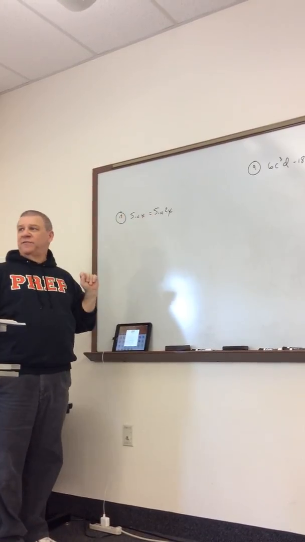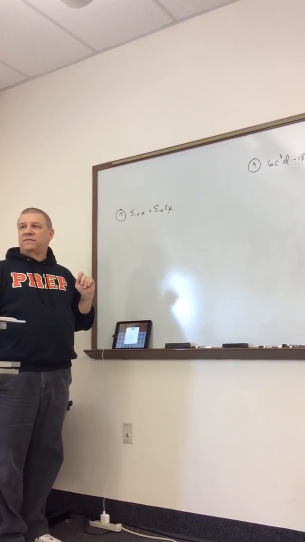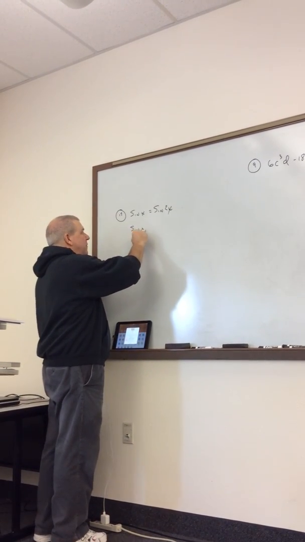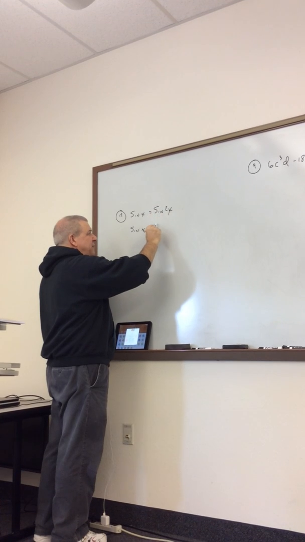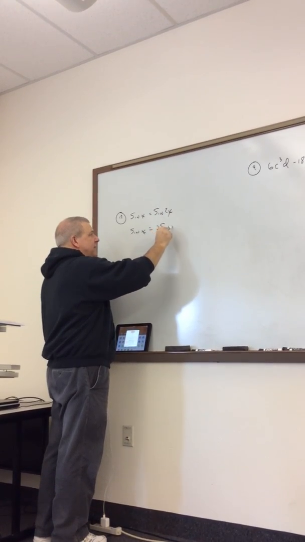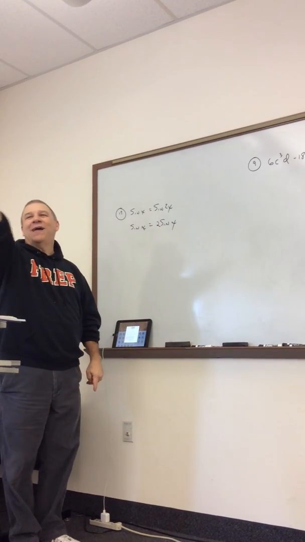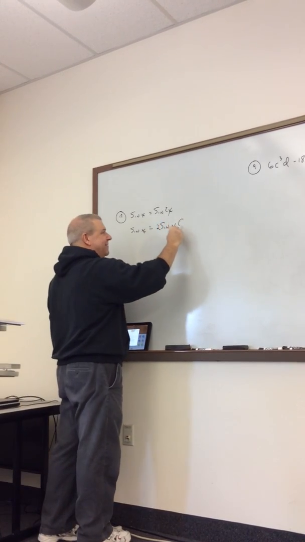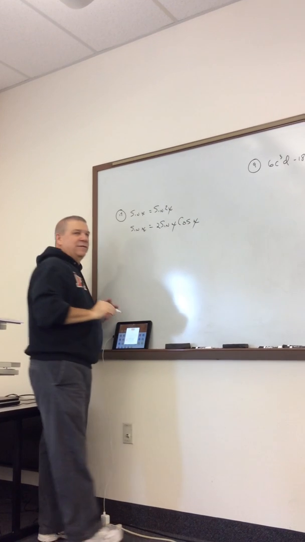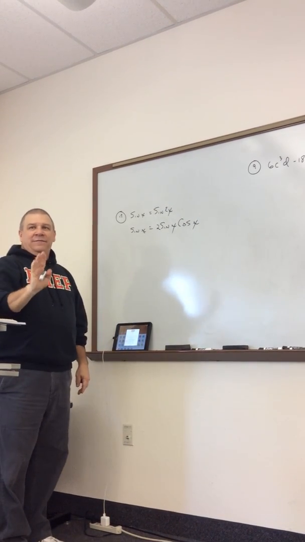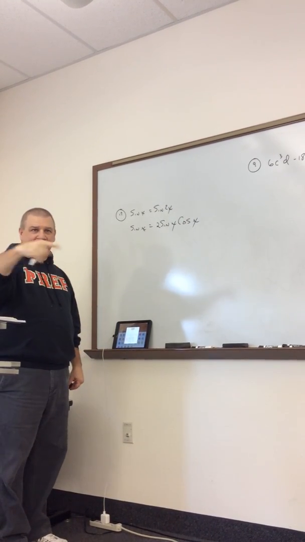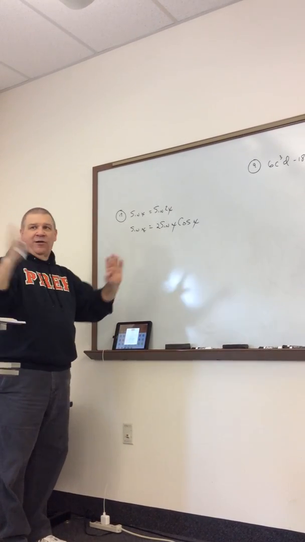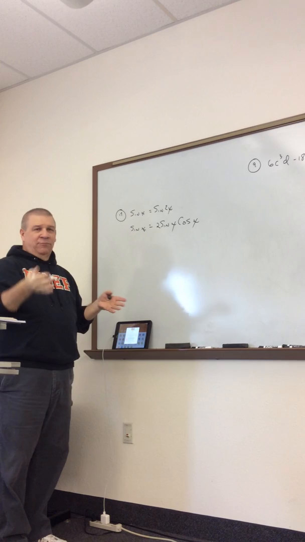So how would you start number 17? Quinn? Sine of 2x equals 2 sine x cosine x plus sine x. The formula for sine of 2x. Now, after you put in the proper formula, we've already done all this last week and then earlier this week.